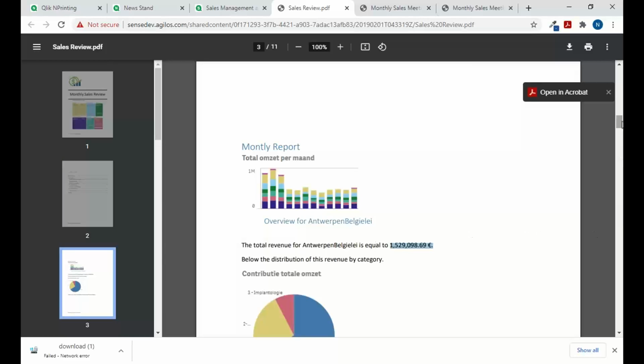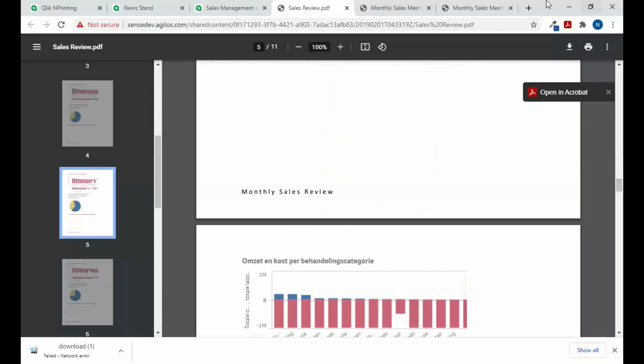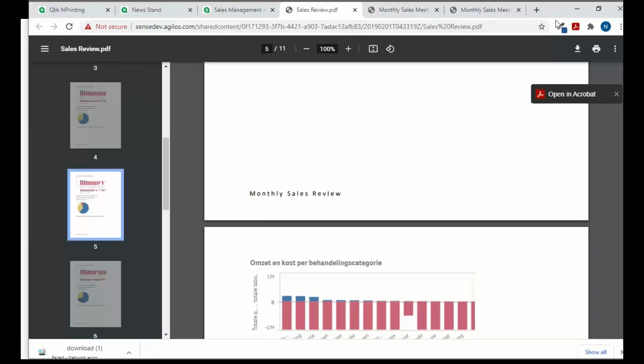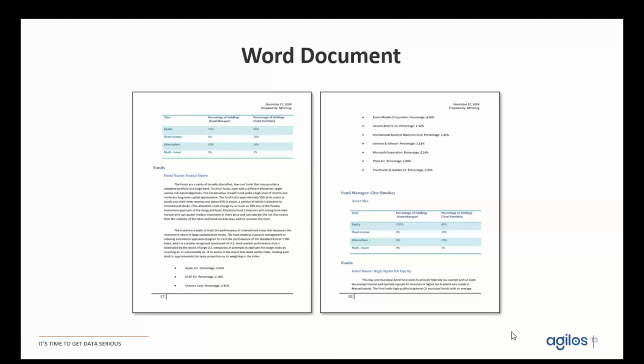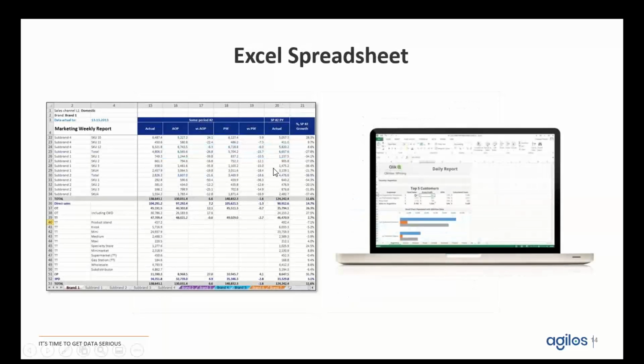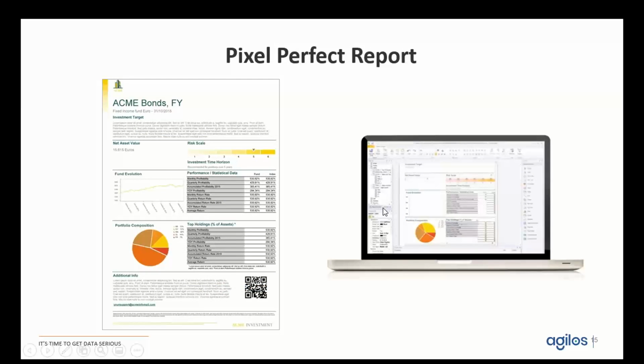So you see, based on that, you can really create a document in the format that you want, in this case, based on Word. So there is the possibility to create formatted data based on Word. Of course, also generating Excel spreadsheets with multiple tabs, with multiple layouts. So these are things that you can create using NPrinting.